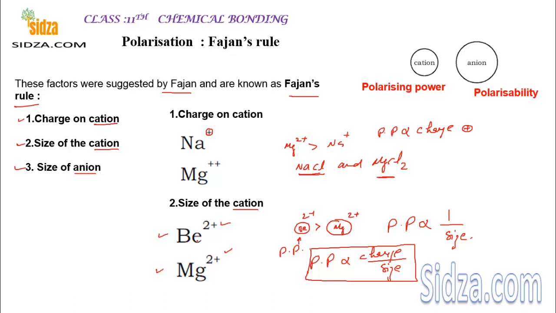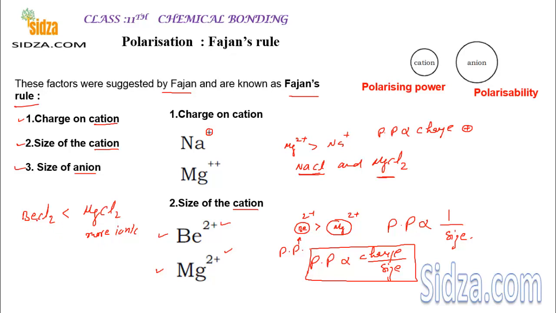So if you take two examples, suppose you take beryllium chloride and magnesium chloride, MgCl2, we can say magnesium chloride is more ionic than beryllium chloride, right? It has more ionic character than beryllium chloride.